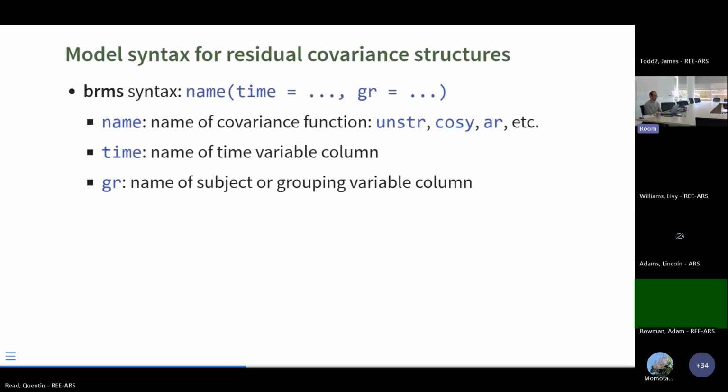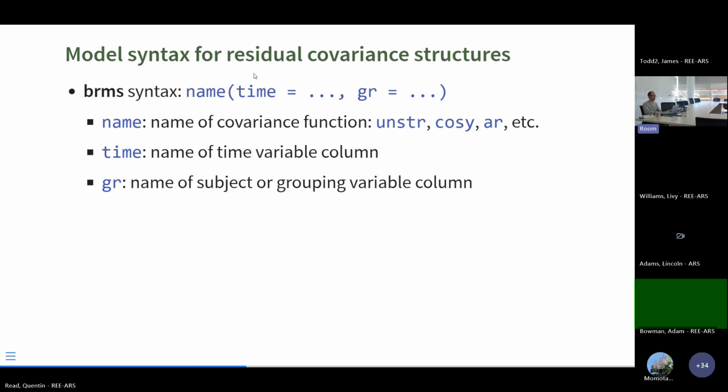Okay, here is the syntax for the residual covariance structures. I put name here, but each of the covariance structures has a function that goes with it. The unstructured is called unstr. Compound symmetry is called COSY, which is kind of cute, and autoregressive is AR.